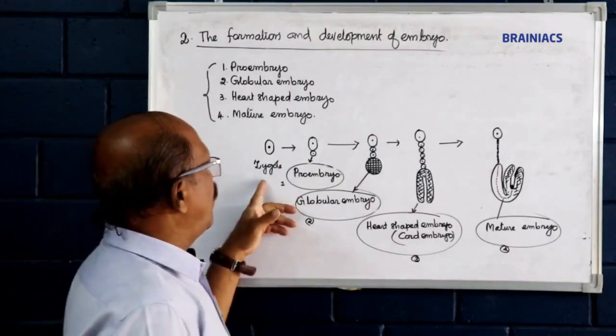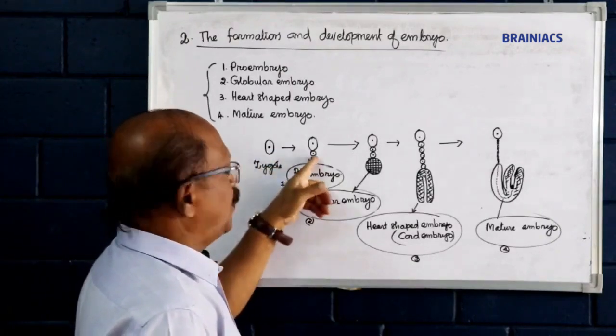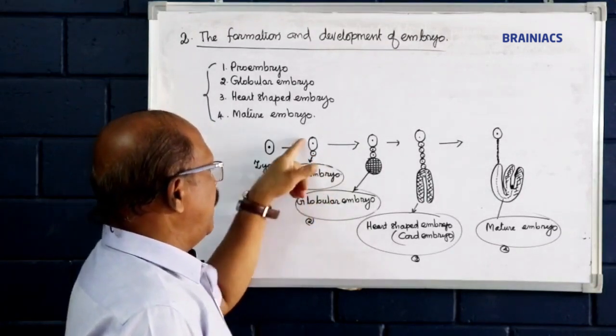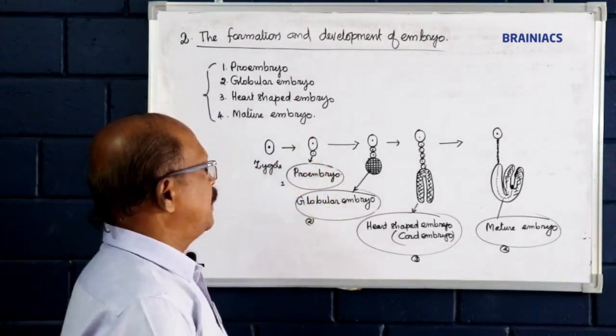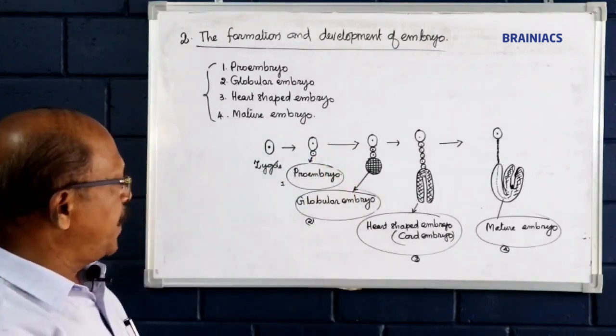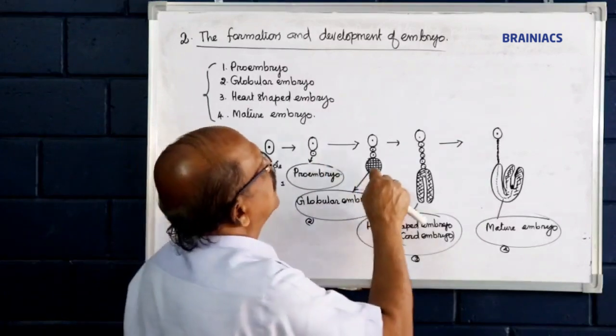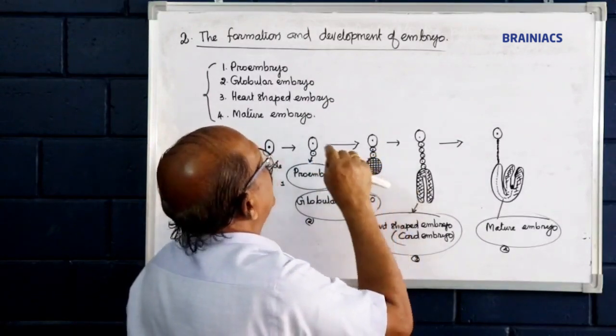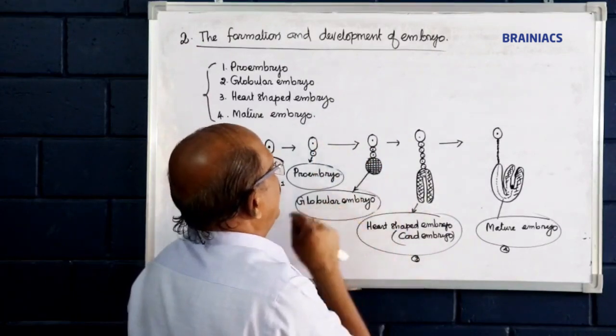The zygote divides into two, forming a terminal cell and a basal cell, the proembryo. Second stage is the division followed by the formation of globular embryo.